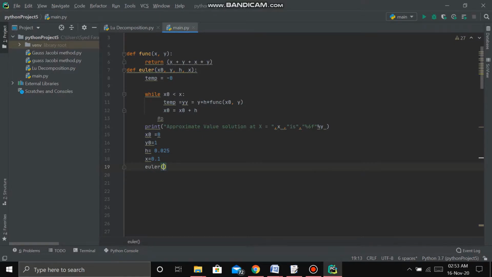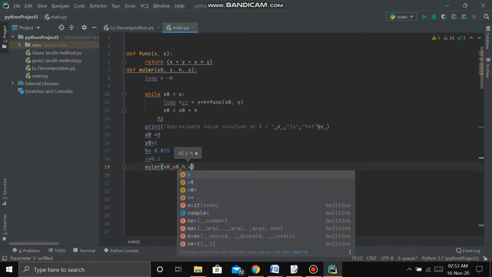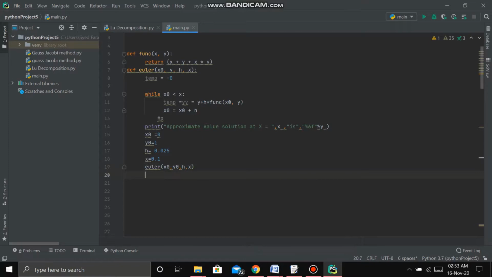Now we'll put the euler call with the arguments x0, y0, h, x. Now let's run this code and let's see what we have in output.